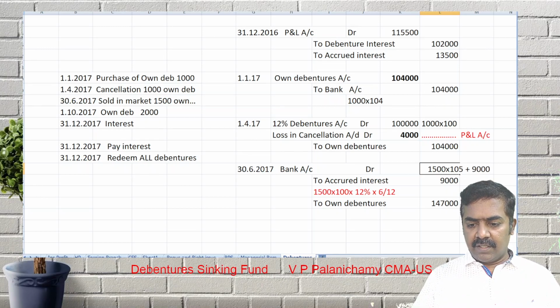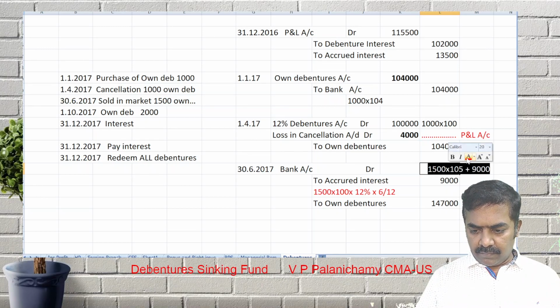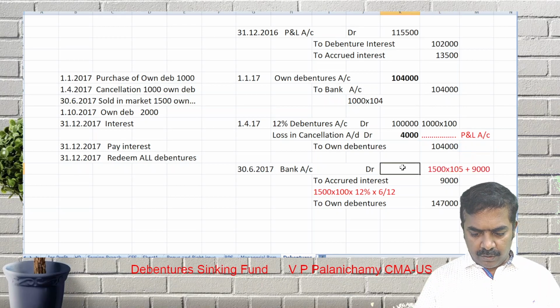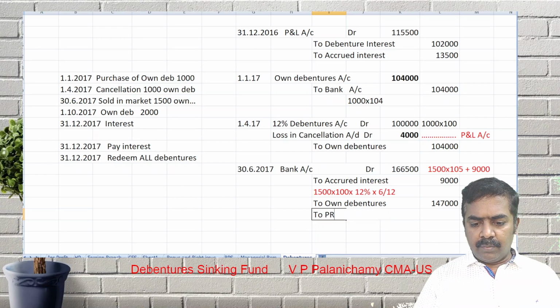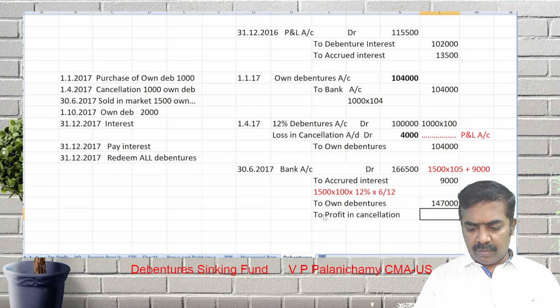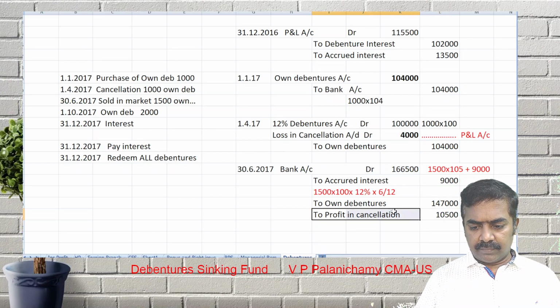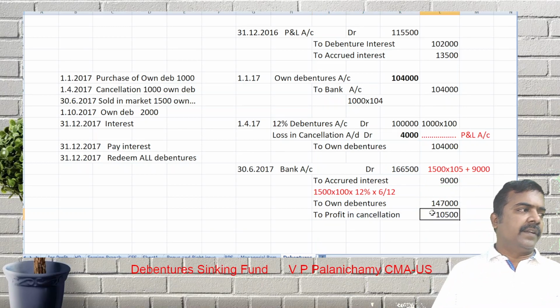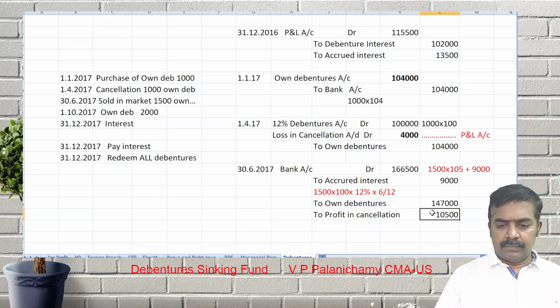How much will it come to? So the balancing figure will be profit in cancellation. What is the profit in cancellation? 166,500 minus 9,000 minus this one. 10,500. Accrued interest is accurate.